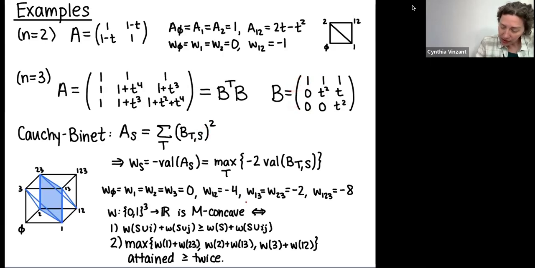Here it's not going to be so interesting. I'm going to take the sum of the squares of those determinants.